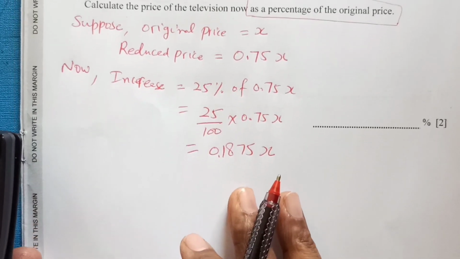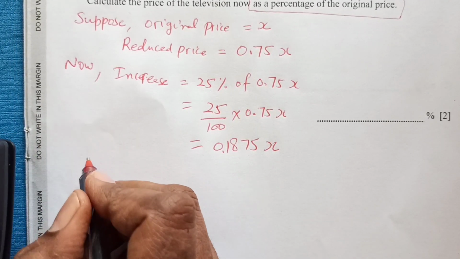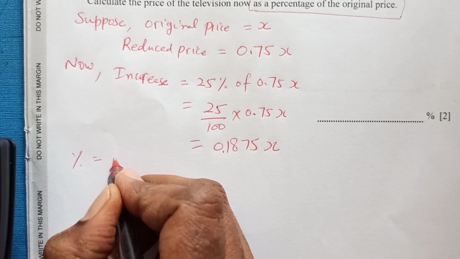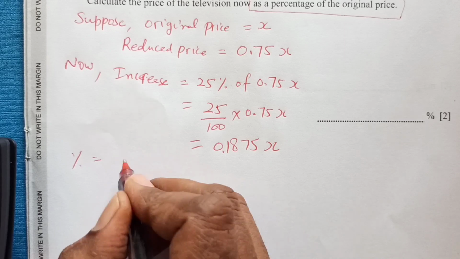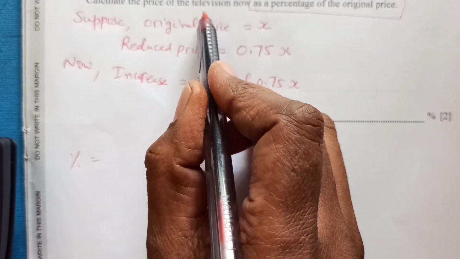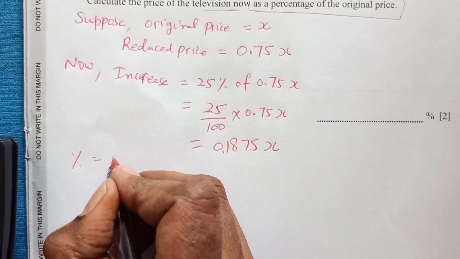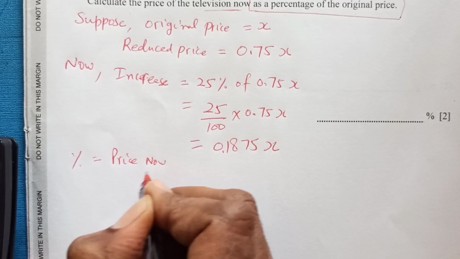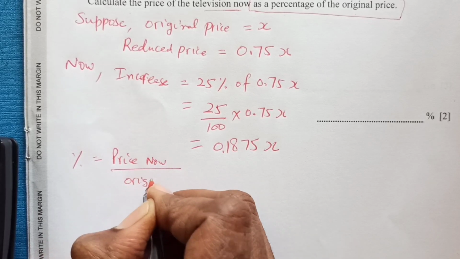So now what we need to find out is the percentage of the original price, the price of the television now. So price now to original price.